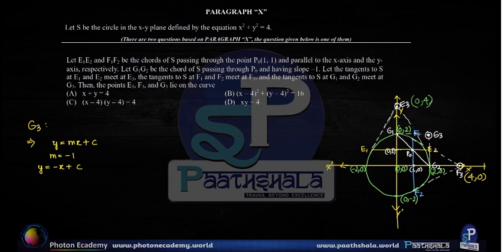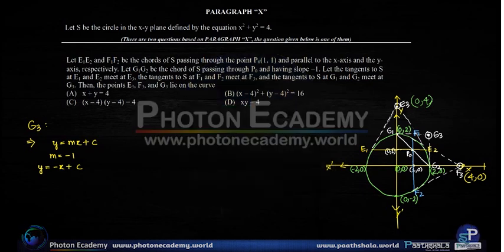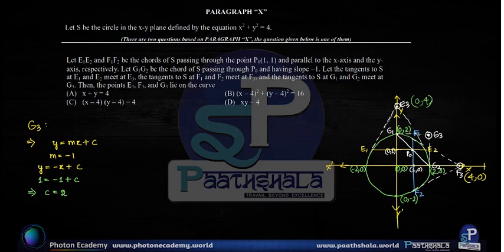We have the information that this line passes through 1 comma 1. Putting 1 comma 1 in the equation, we get 1 is equal to minus 1 plus c. That implies c is equal to 2. So the equation is y is equal to minus x plus 2.